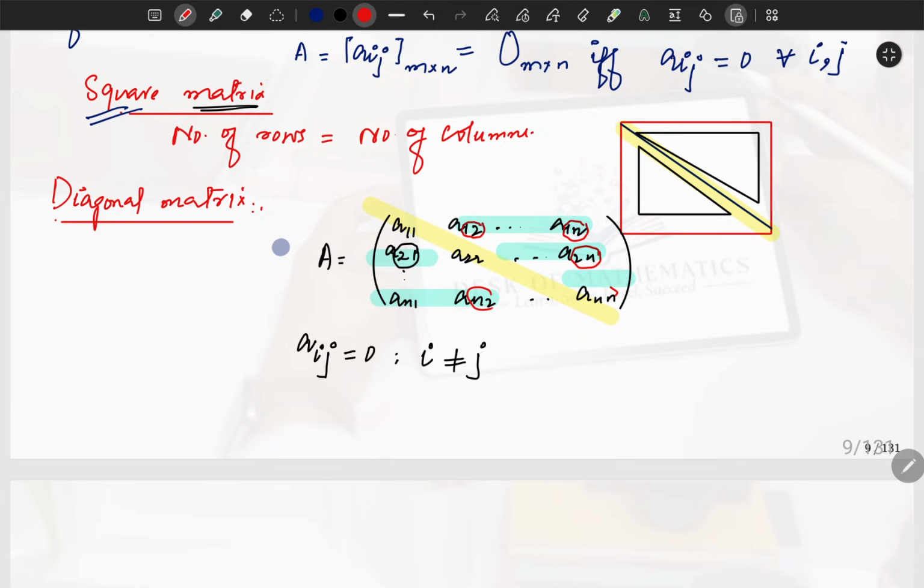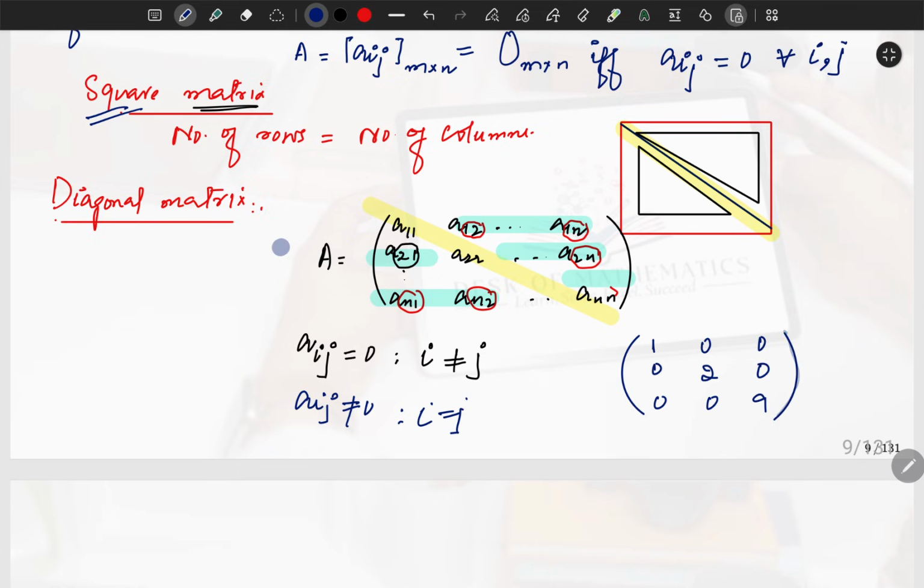Similarly n2, n1, so these should all be 0. Then Aij may or may not be 0 for i equal to j. For example, 1 0 0, 0 2 0, 0 0 9.